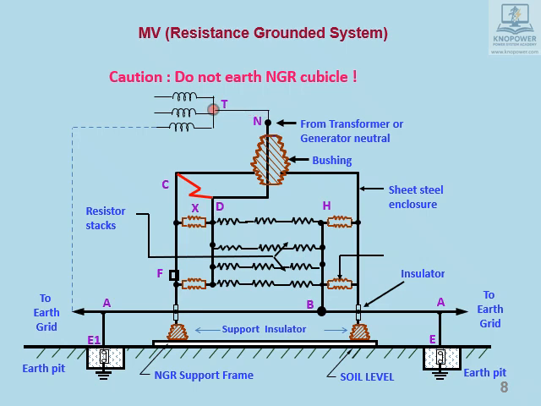Assume now the enclosure is earthed. It is shown as connection E1F. Under this condition, the flow of fault current back to source is as shown. The resistor is completely bypassed.